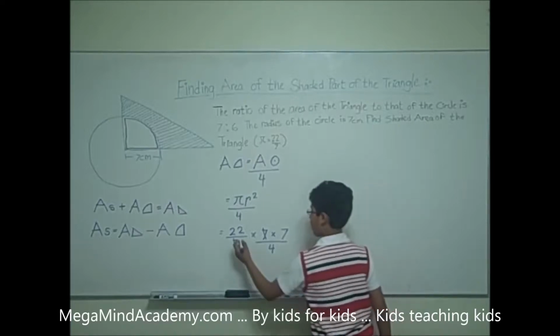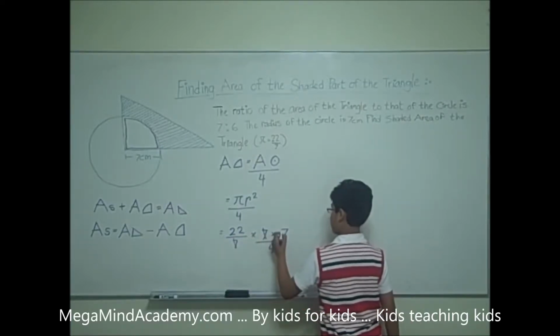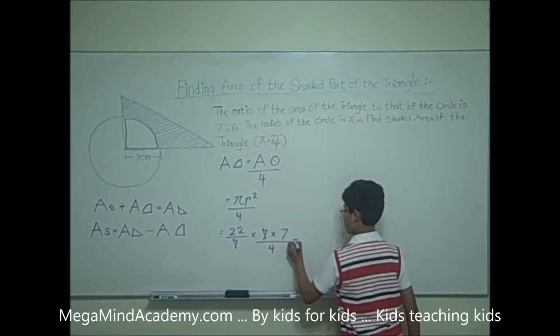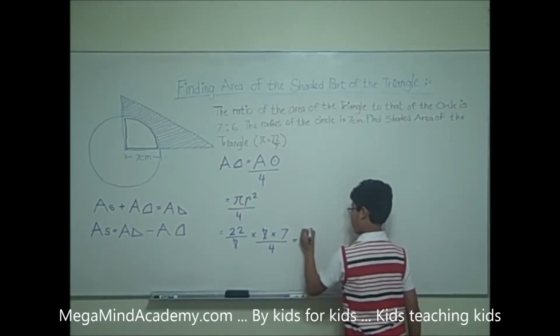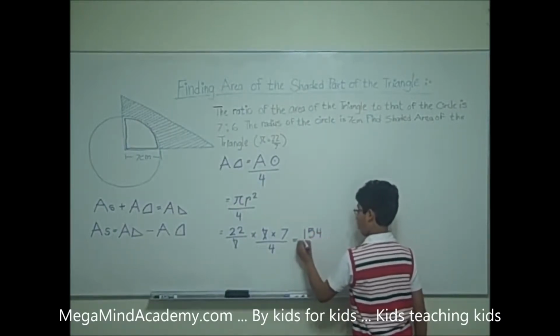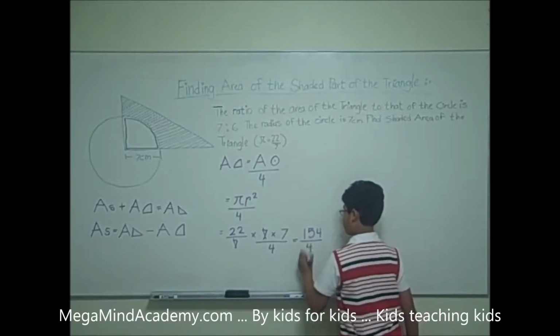So now we get 22 times 7 over 4, which is equal to 154/4.